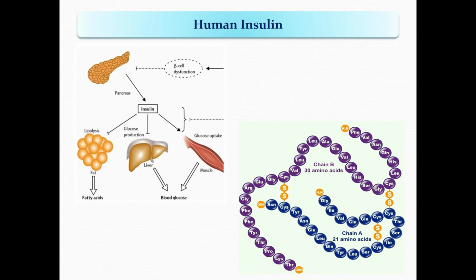To treat diabetes mellitus in the early years, insulin was isolated and purified from the pancreas of pigs and cows. But there is a minor difference in the structure of animal insulin and human insulin. This resulted in allergic reactions in some individual patients.